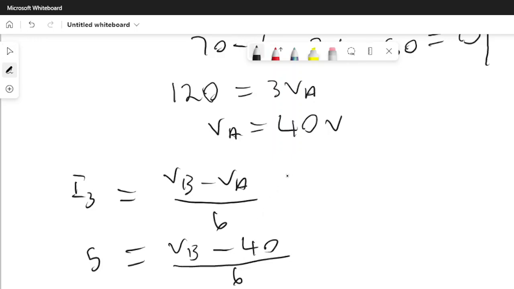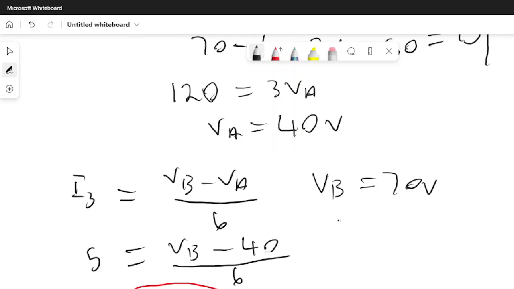Now if I transpose 40 to the other side, it will become positive. So that means my VB will equal 70 volts.